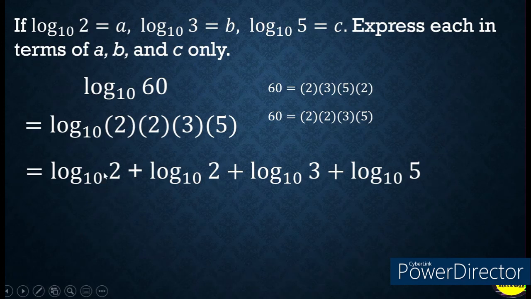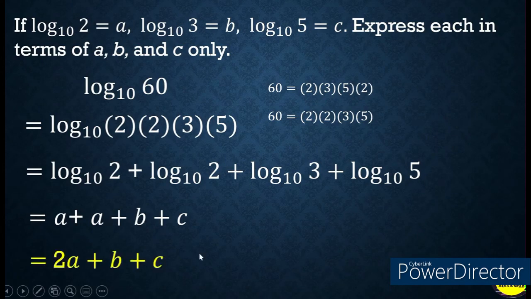So, sabi dun sa given, logarithm of 2 with base 10 is equal to A. So, i-represent natin to as A. Ang log 3 with base 10 represent as B is equal to B. And log 5 with base 10 is equal to C. So, therefore, that is A plus B plus C. So, based on the problem, no? So, therefore, A plus A, that is 2A plus B plus C. So that will be the answer.